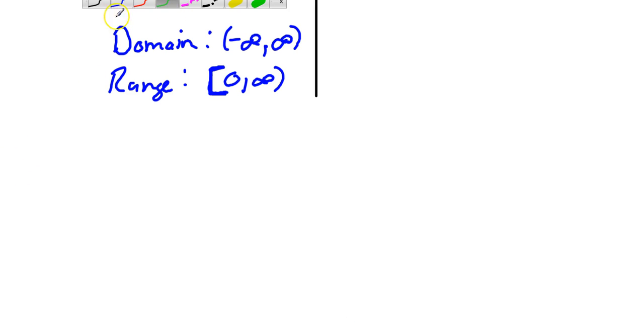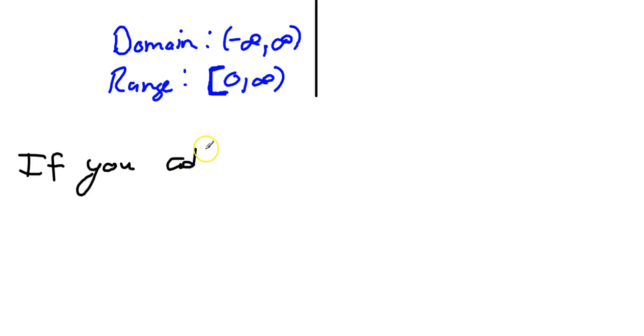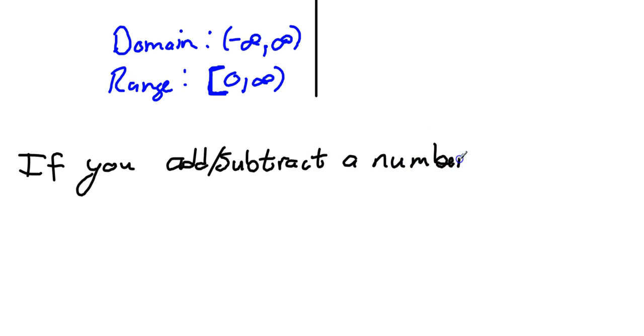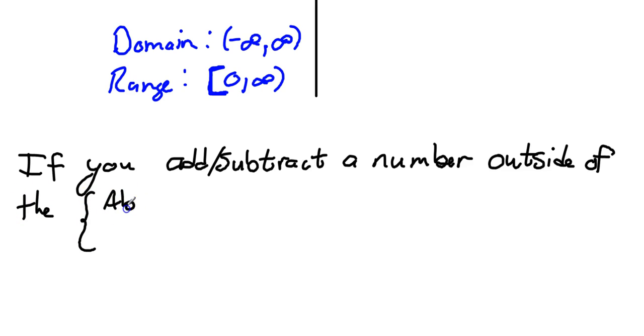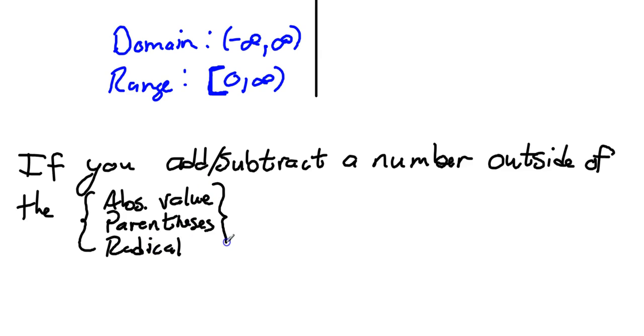Okay, now you got your other option here. If you add or subtract a number on the outside, that if you put a number on the outside of whatever it is we're doing, if it's absolute value or parentheses or radical, then it's going to have not a horizontal impact.